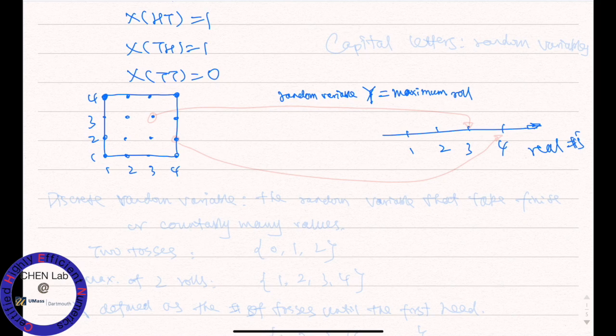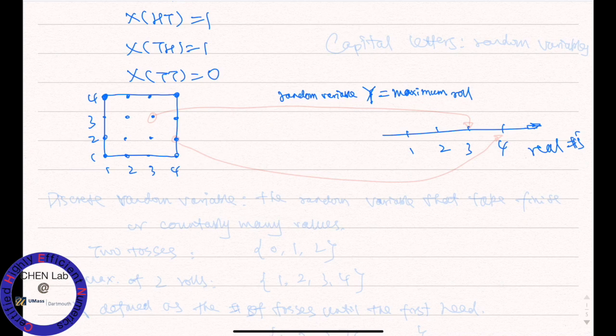For real numbers, you use a line to denote it. That's pre-calculus, hopefully that's acceptable. You use a straight line with no limit, infinitely extending in both directions to represent all the real numbers. Of course, here it only takes values 1, 2, 3, 4, but in general its range can be the whole real line, any real number.